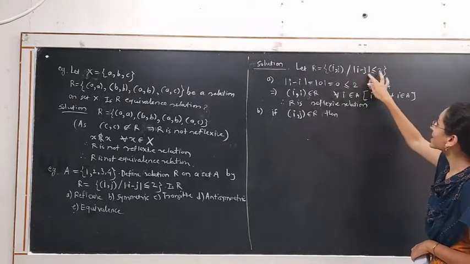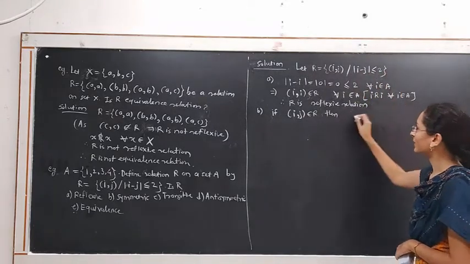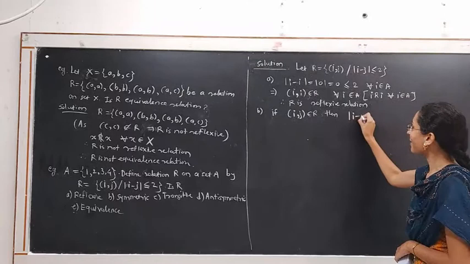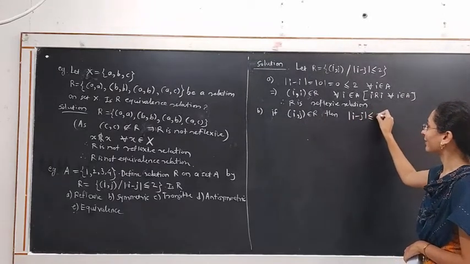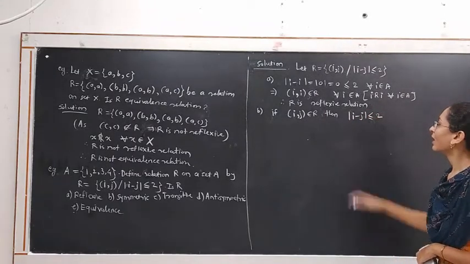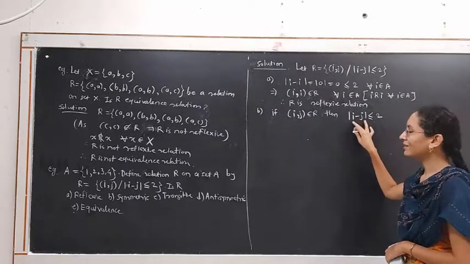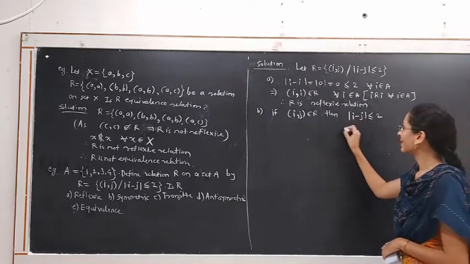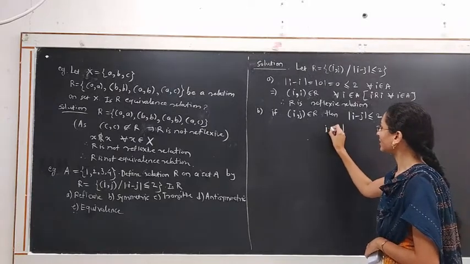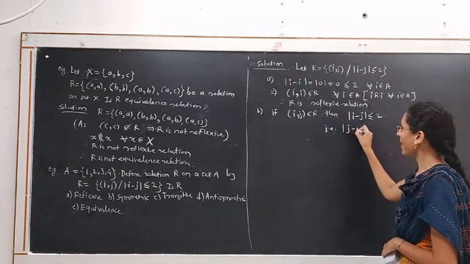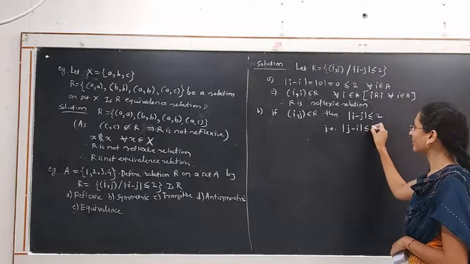If mod of i minus j is less than or equal to 2. Inside this modulus, we can write this subtraction as mod of j minus i less than or equal to 2.